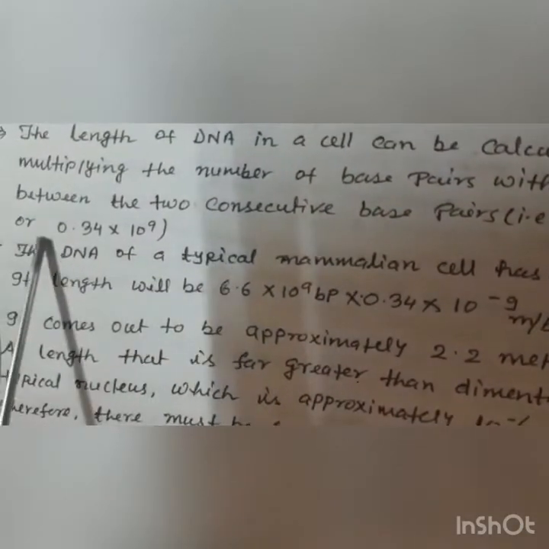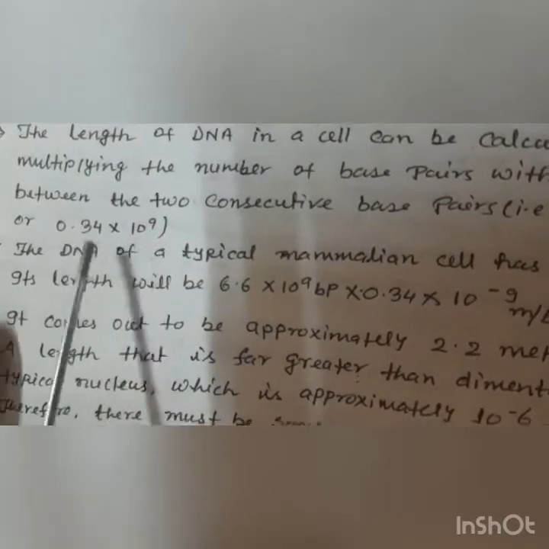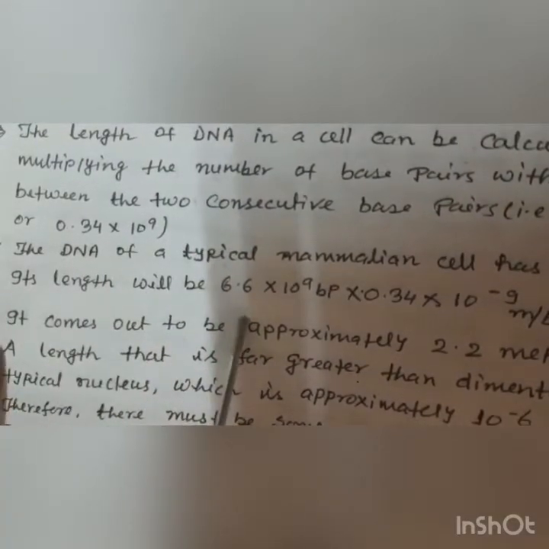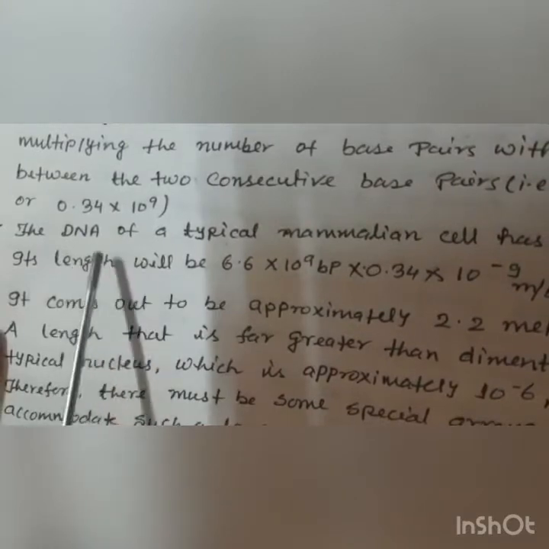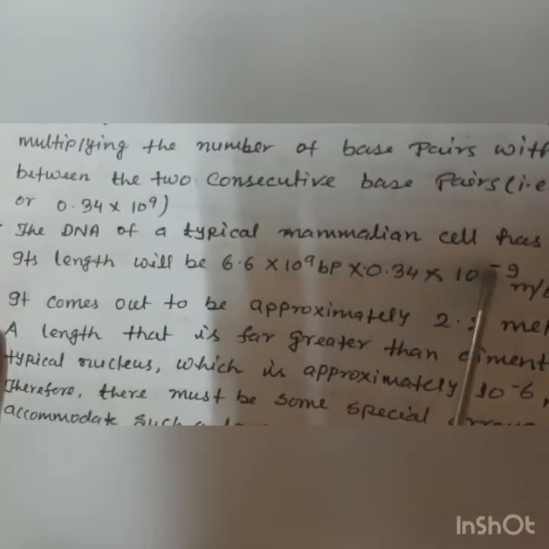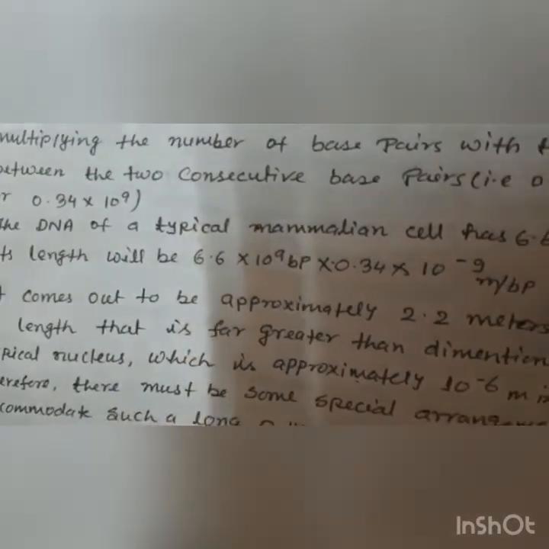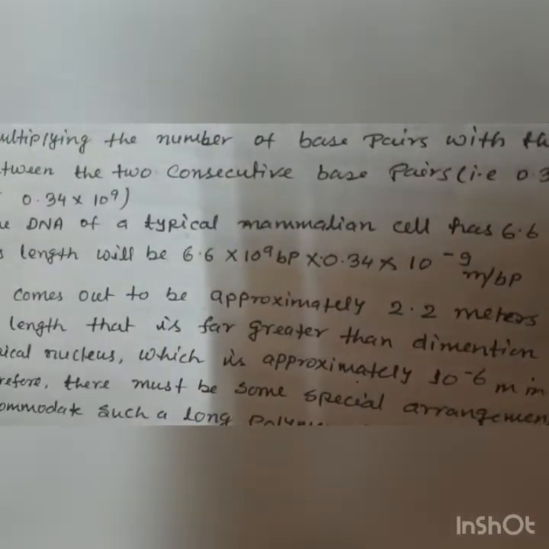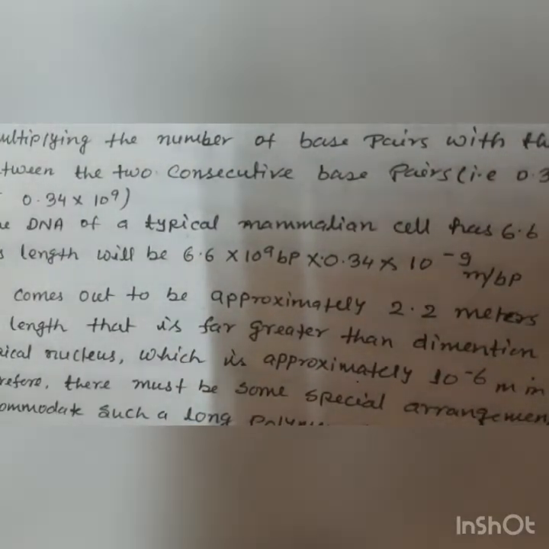So 0.34 into 10 to the power minus 9. The DNA of a typical mammalian cell has 6.6 into 10 to the power 9 base pair.